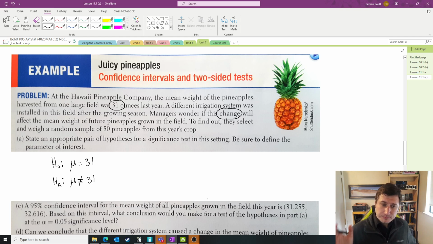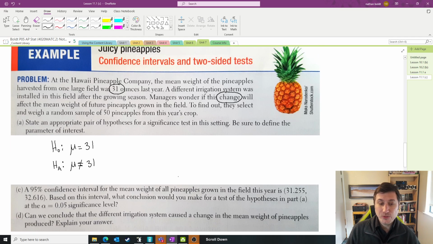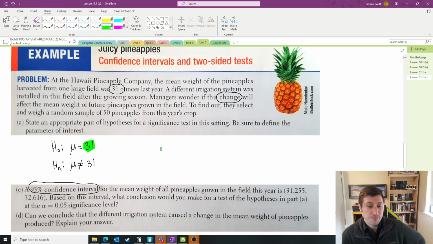So, two ways we can think about this now. Yes, we could run the test, find a p-value if we had enough information, and then either reject or fail to reject. But we could also think of this in terms of a confidence interval. If 31 is a plausible value, it will be in the confidence interval.